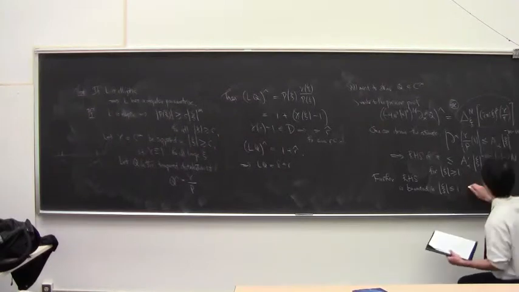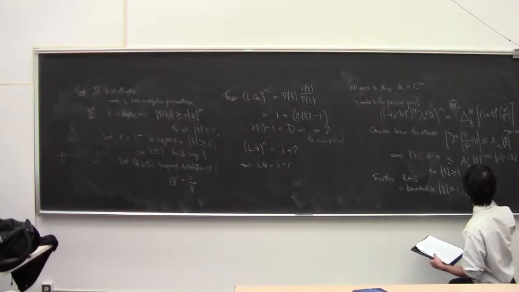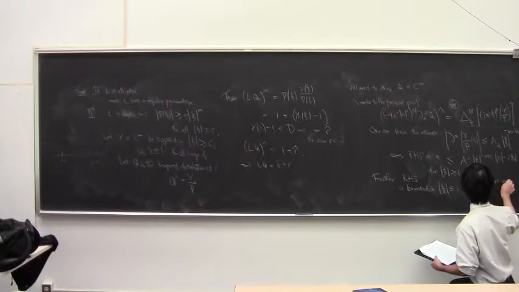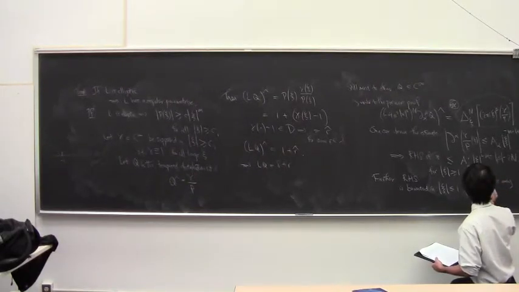So the point is that gamma keeps us safe, keeps us away from the zeros of P.